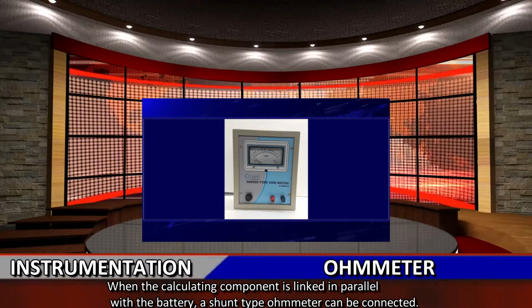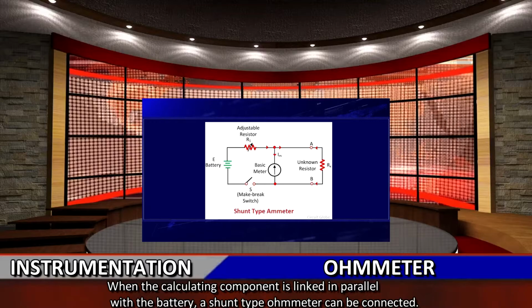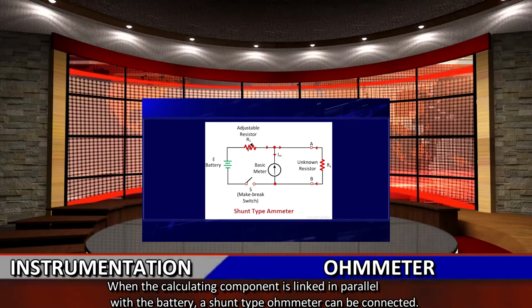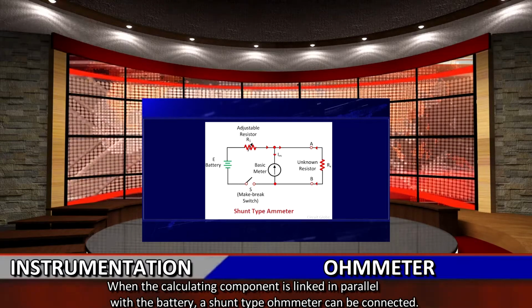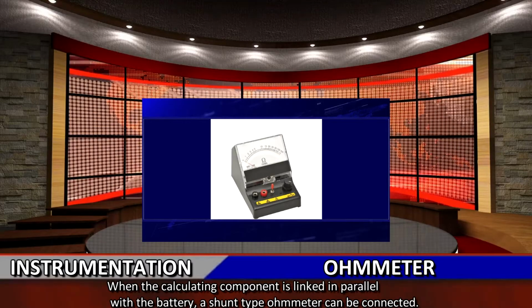Another type of ohmmeter is the shunt ohmmeter. When calculating, the component is linked in parallel with the battery, and a shunt type ammeter can be connected. The low value resistance is calculated using this type of circuit.